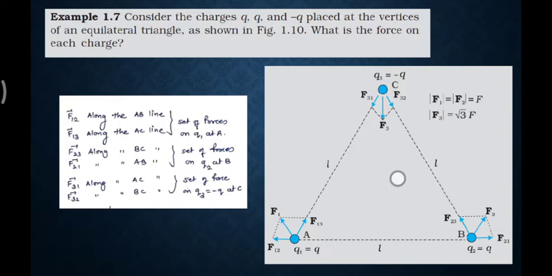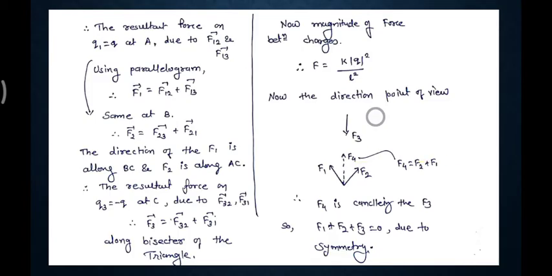So k q1 q2, where q1 is q and q2 is minus q. But we are not bothering about direction, we are trying to see the magnitude. So taking the modulus of minus q gives q, so ultimately q times q is q square, and the distance between the two charges is L. So I can write F is equal to k q square upon L square.